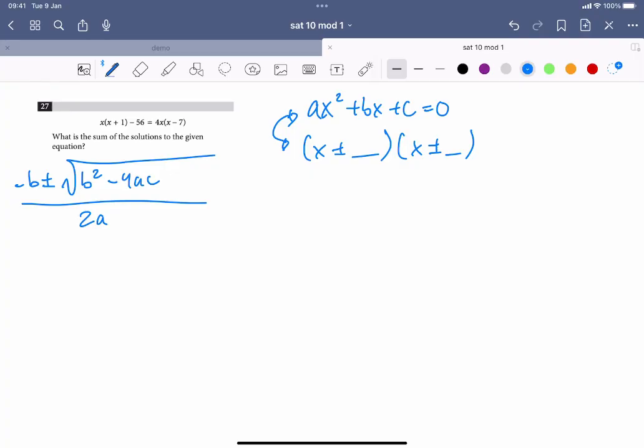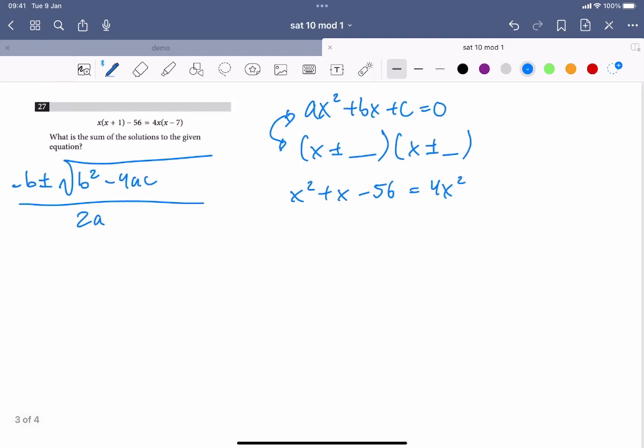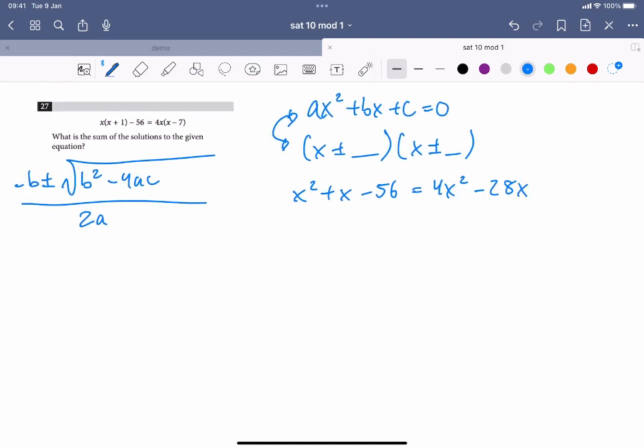So let's expand it out. We have x squared plus x minus 56 on the left hand side, equals 4x squared minus 28x on the right hand side. Let's subtract both sides by x squared and subtract both sides by x.